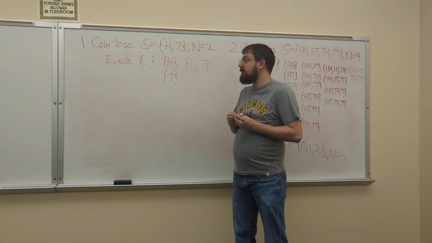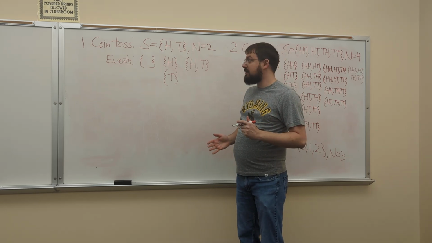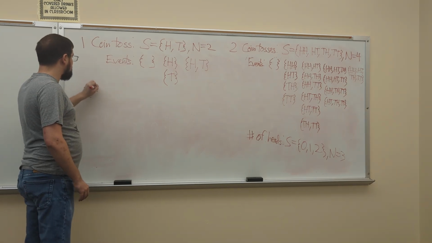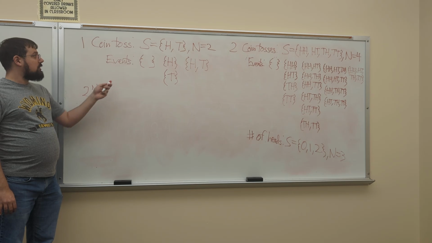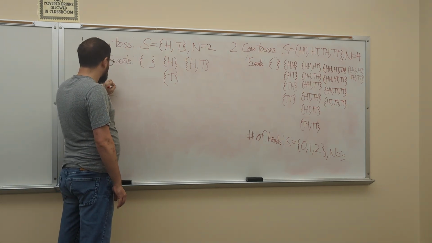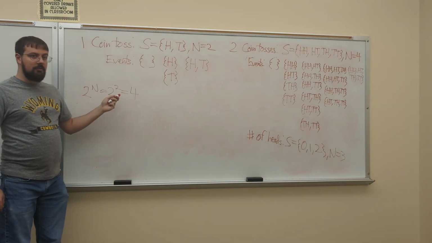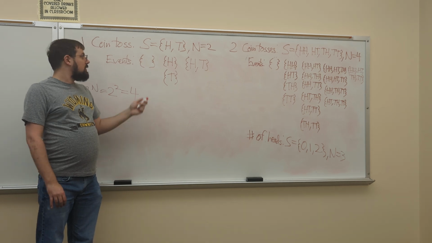The way that we determine the number of events in a sample space is using this simple formula, 2 to the n. So in this case, n equals 2. We have 2 possible outcomes, so the number of events would be 2 squared, which would be 4. So these are the 4 events that we can have.